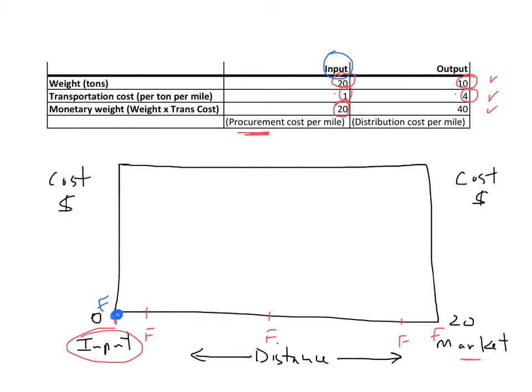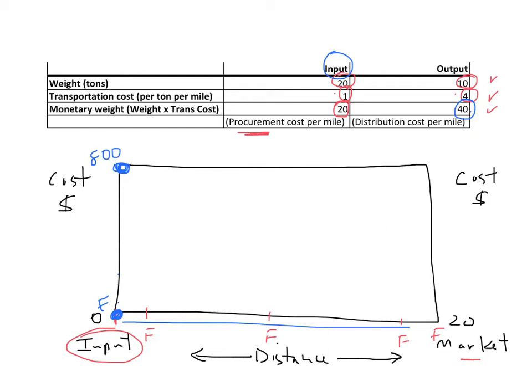The cost of moving the output, if our location of the factory is at the source of the input, is going to be the distance between the factory and the market, that's 20 miles, times the monetary weight of the output, or what we call the distribution cost per mile. If we multiply 40 times 20, that's the distance we have to move our final output to get it to the market, we're going to have a total distribution cost of $800.